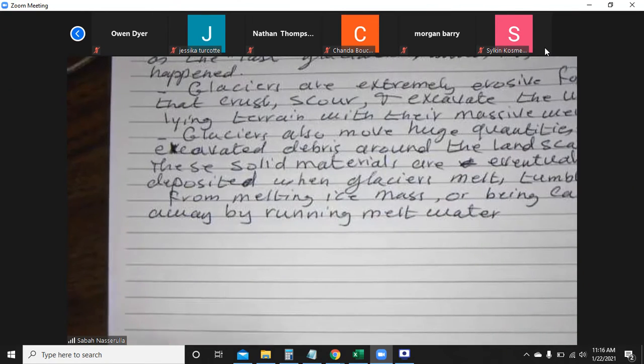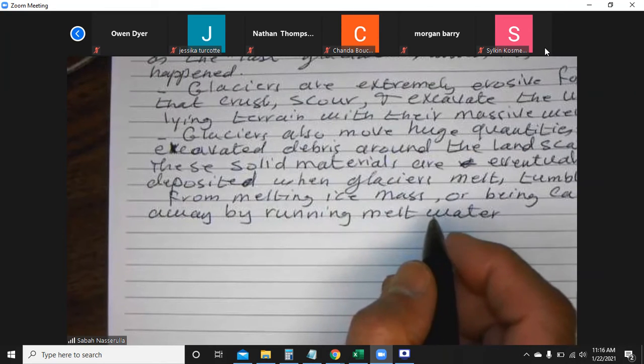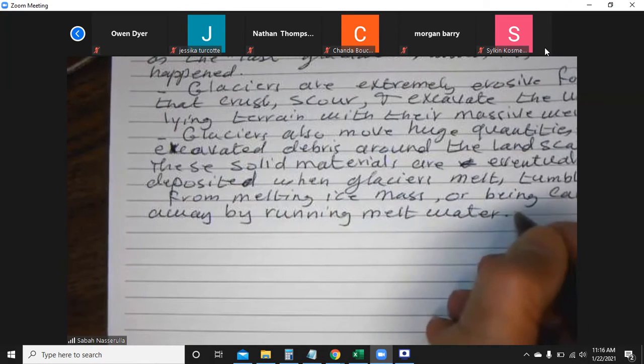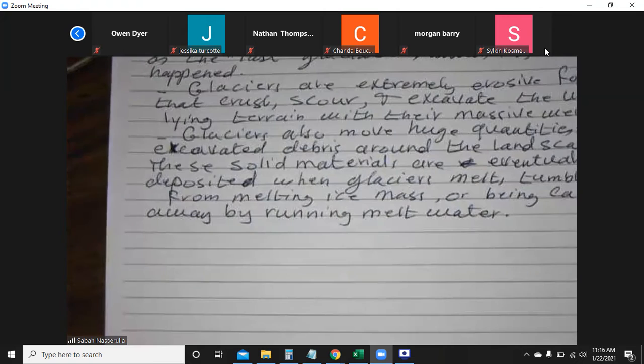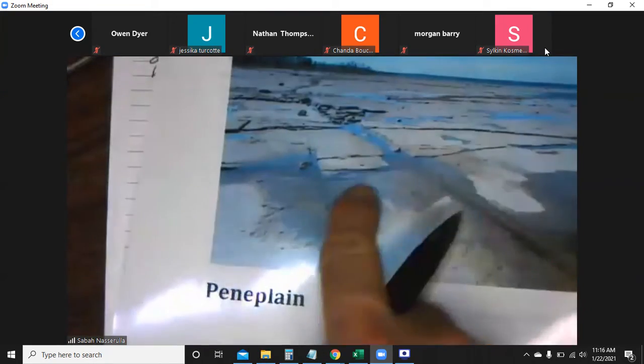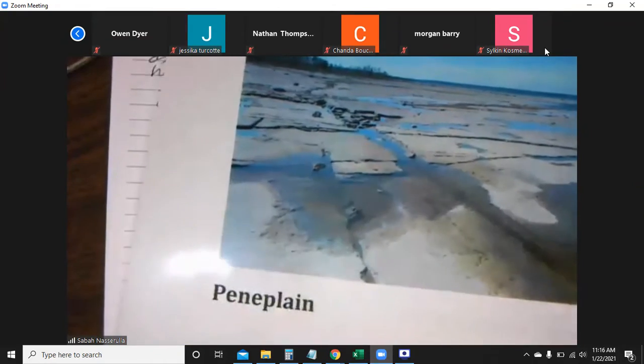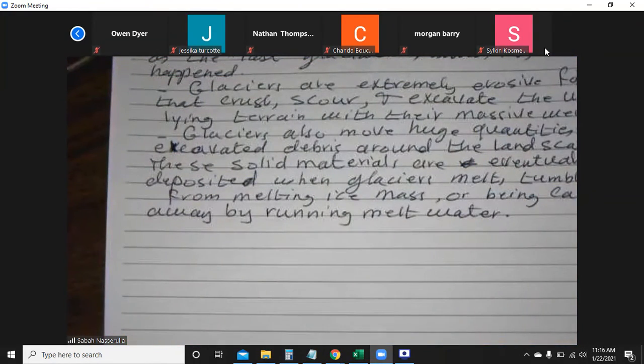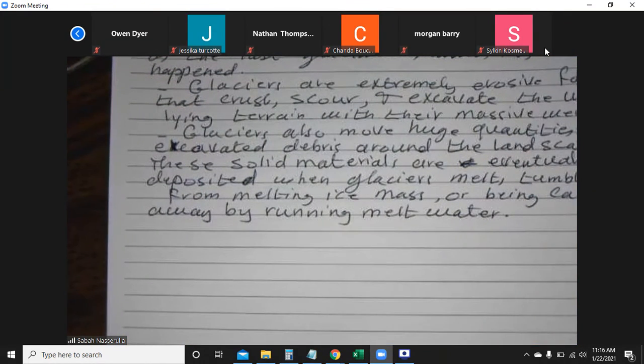Sometimes, as we will discuss later, it makes a plain like this, all over the surface, with running melt water.